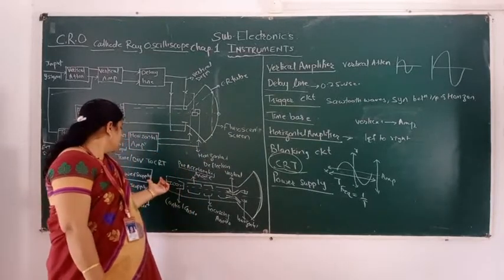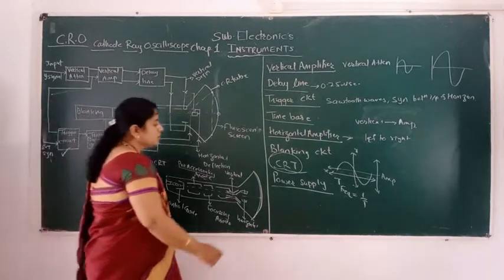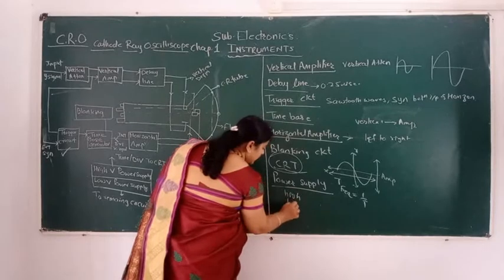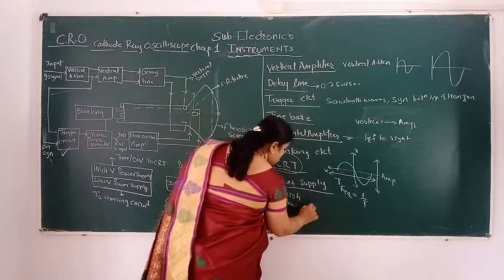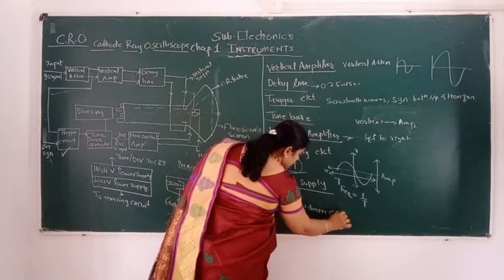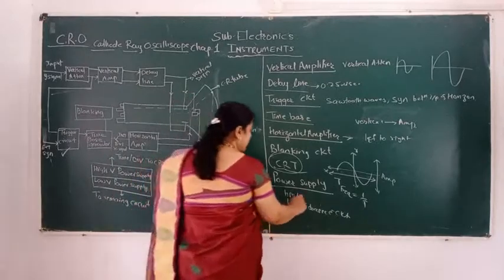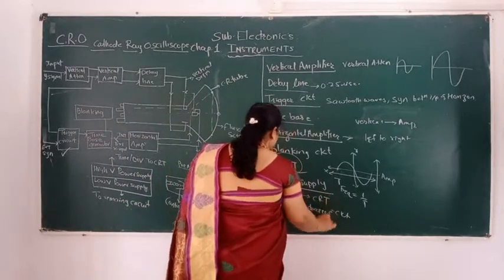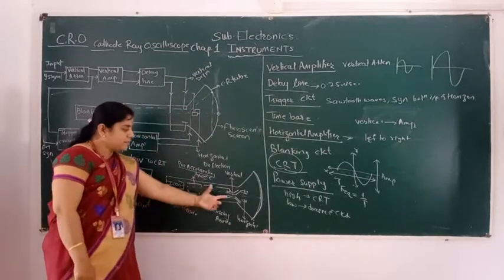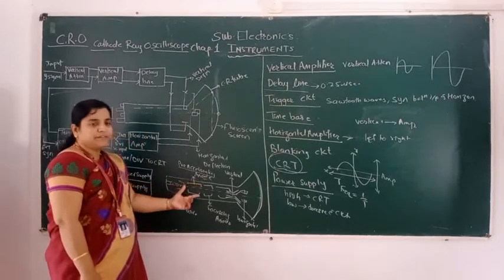Okay, and power supply means two voltages are applied, high voltage and low voltage. Low voltage is applied to the basic electronic circuits, and high voltage is used for the CRT, that is the cathode ray tube, because it has so many parts and each has a different work.